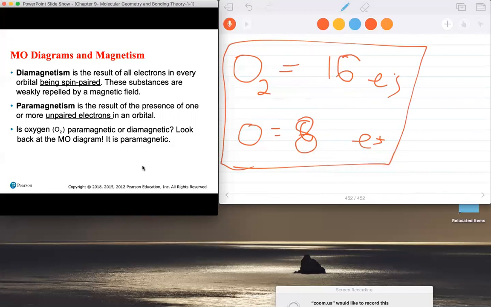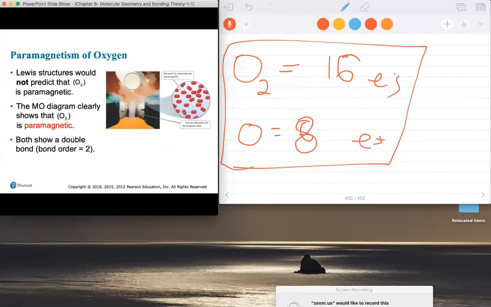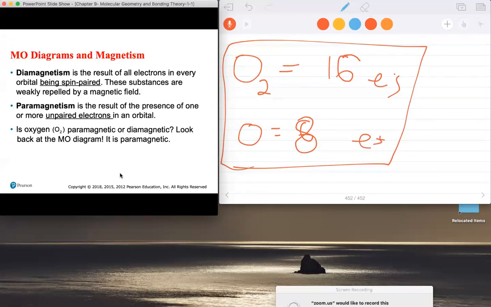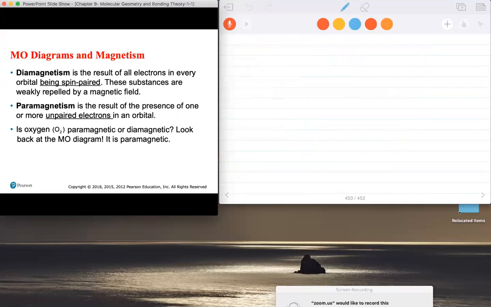If we fill in the orbital filling diagram for oxygen with 16 electrons, remember the 1s, the 2s, and then the 2p.